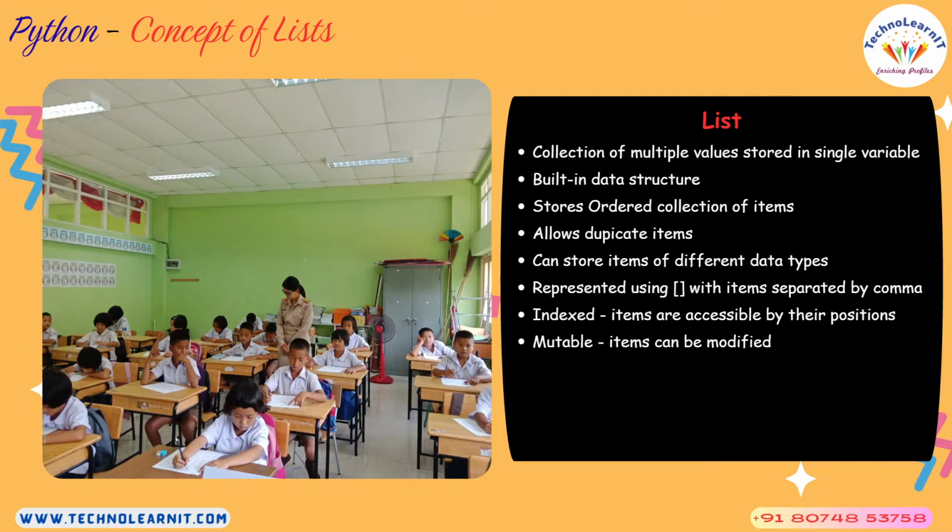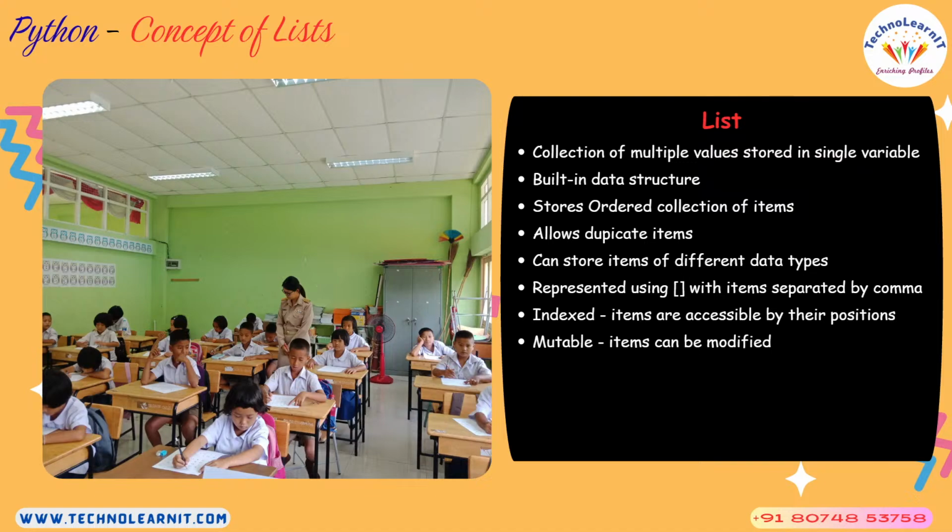And the most important one, lists are mutable. What do you mean by mutable? That means you can change the elements within a list if you want to change them.